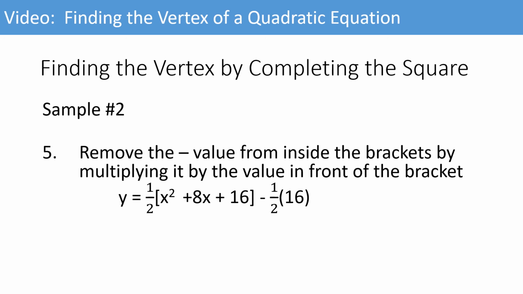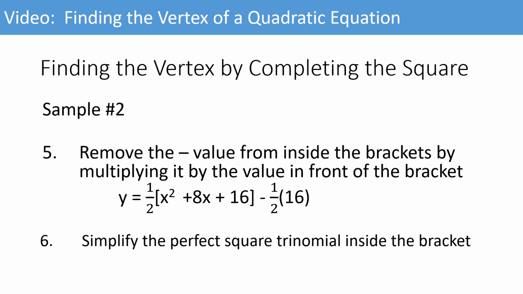So you will now get y equals 1/2 times (x squared plus 8x plus 16) minus 1/2 times 16. Simplify the perfect square trinomial inside the bracket, that means to factor. So we have y equals 1/2 times (x plus 4) squared minus 1/2 times 16.